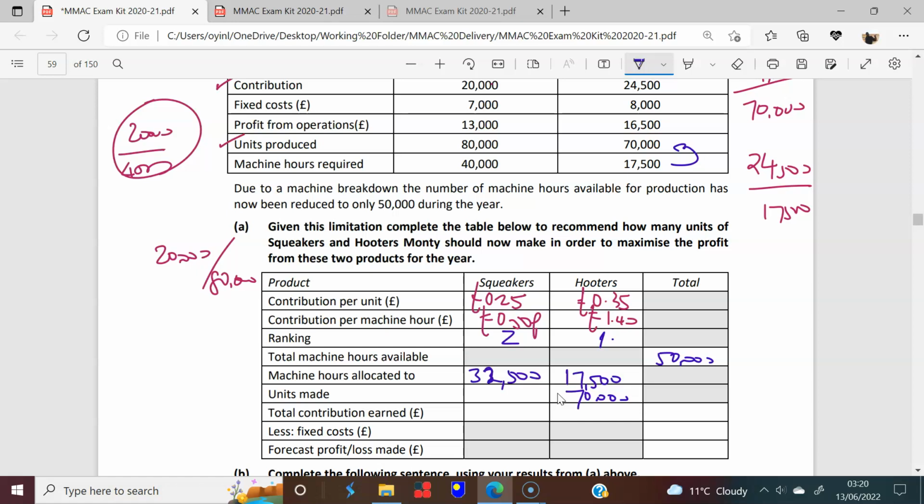For squeakers, you have 32,500 hours available.